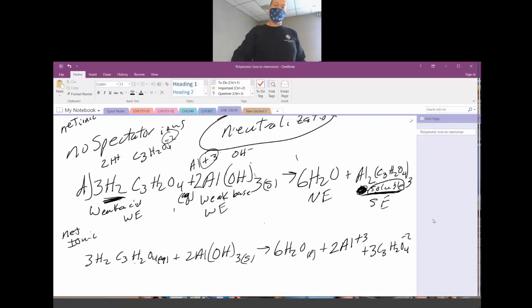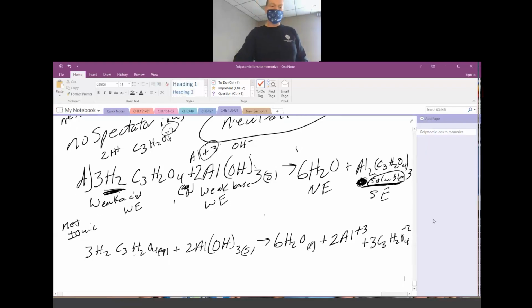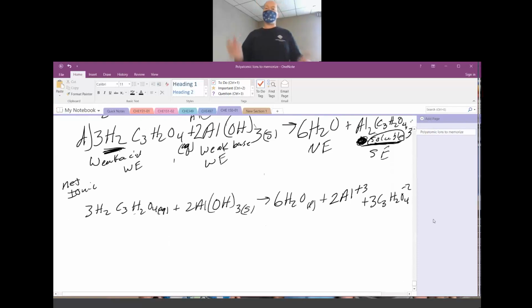All right, so this one, just like a previous one, there are no ions that are going to cancel on both sides. So this is the ionic and net ionic. There are actually 0 ions on the left side, so you can't have any ions canceling. And so again, no spectator ions.